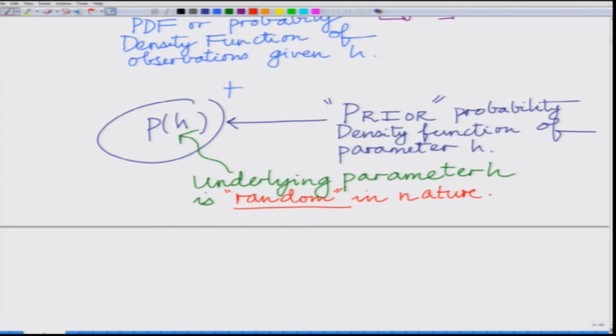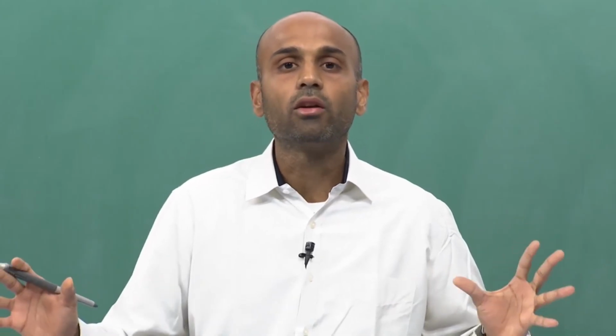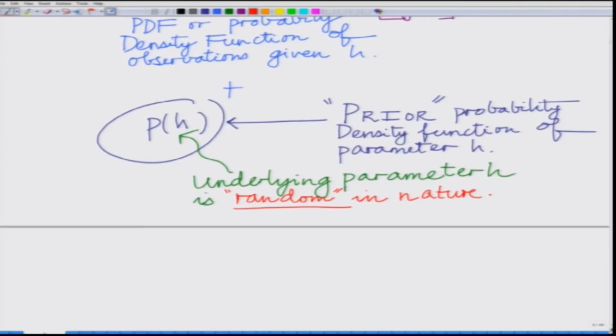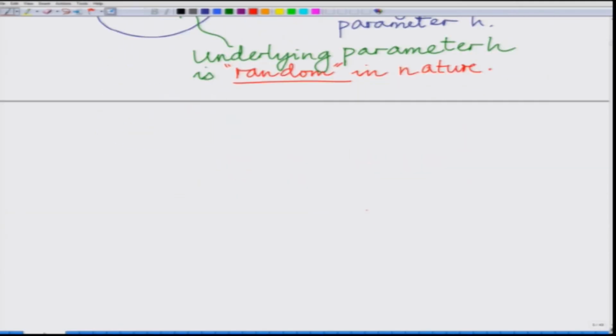The underlying parameter H is random in nature. Now, we would like to use these two quantities, P of y bar given H and P of H, to determine an estimate of this parameter H. P of y bar given H is the conditional probability density function of the observation, and P of H is the prior.